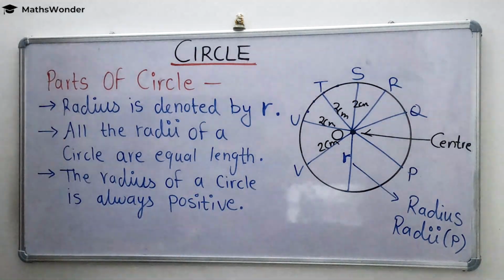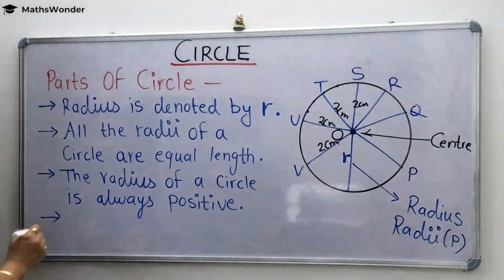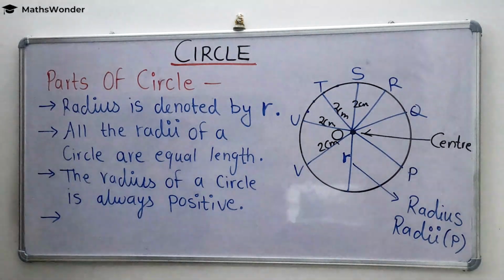No negative radius, never. Always positive. Why? Because it is inside the circle. It is not possible. Radius is never used for negative values, right?